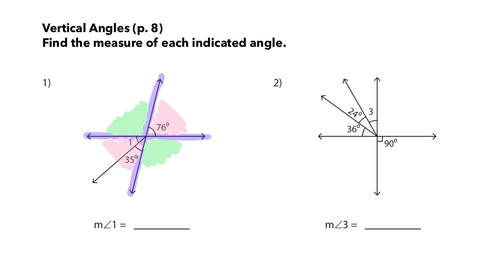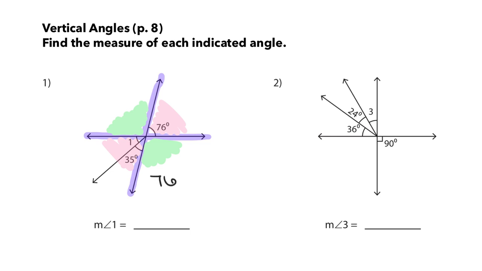They took the angle on the bottom left right here and split it. You have one part that's 35 degrees, one part that's missing, but together they have to be the 76. Would you subtract 35? Yes.